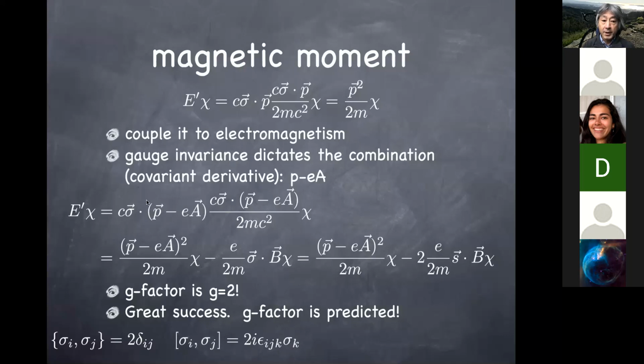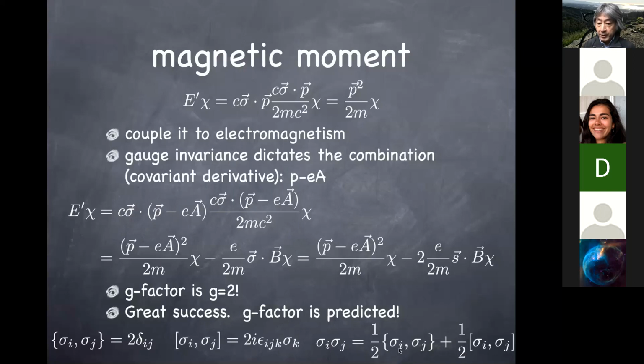And when you look at this piece here, when you have one factor of sigma matrix and another factor of sigma matrix, and they may come with different components, what you want to work out is the product of two sigma matrices. And sigma_i sigma_j can be written as a half of the anti-commutator plus half of the commutator.